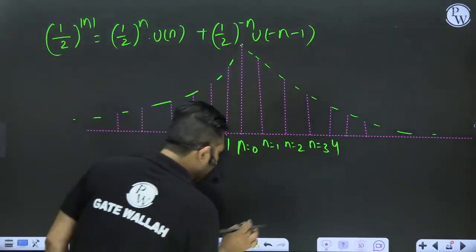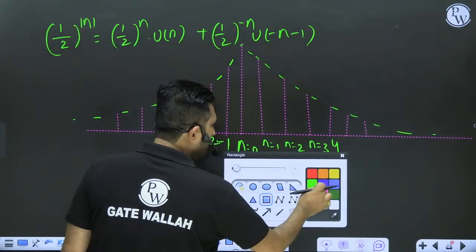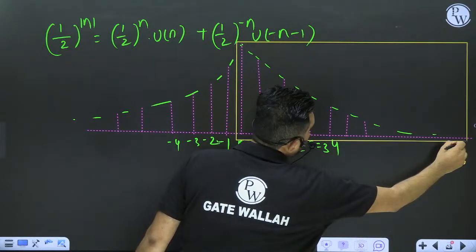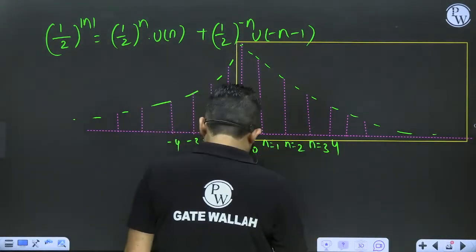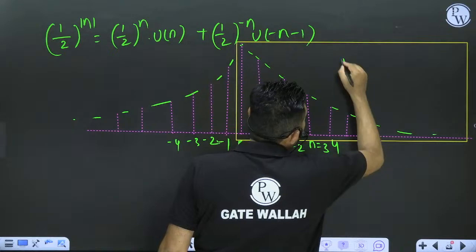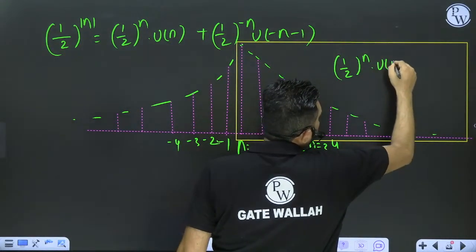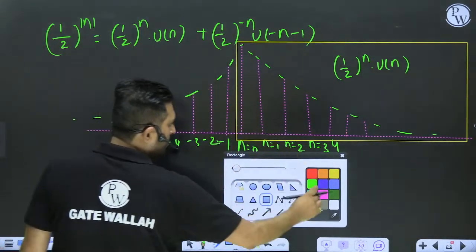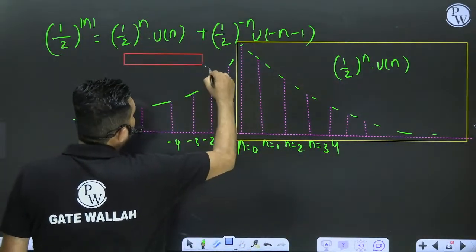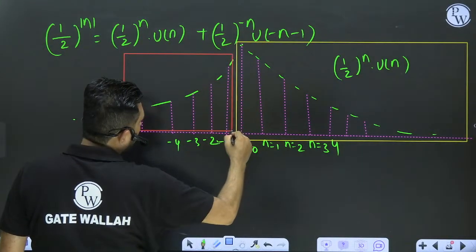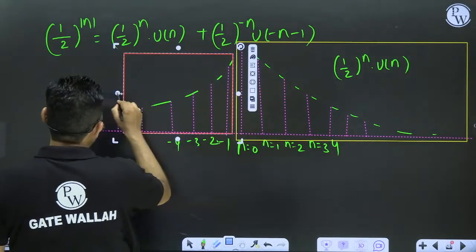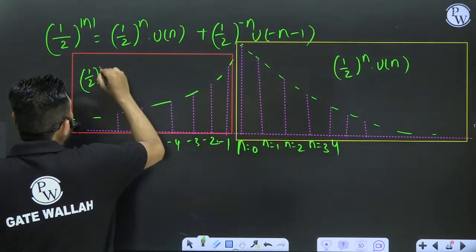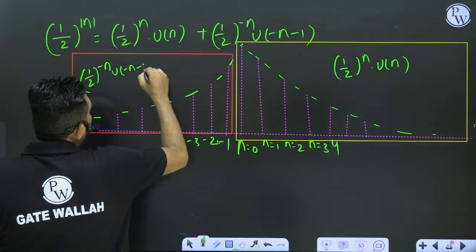So this part, up to this part, is the part which I will say is (1/2)^n u[n], and this part I will say is (1/2)^(-n) u[-n-1].